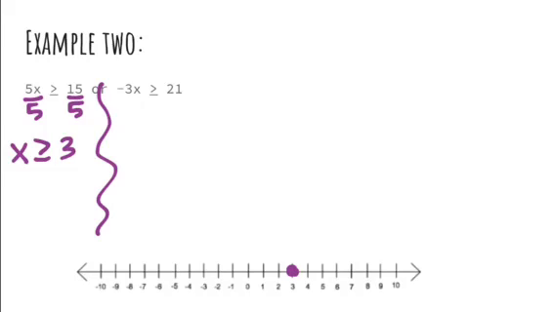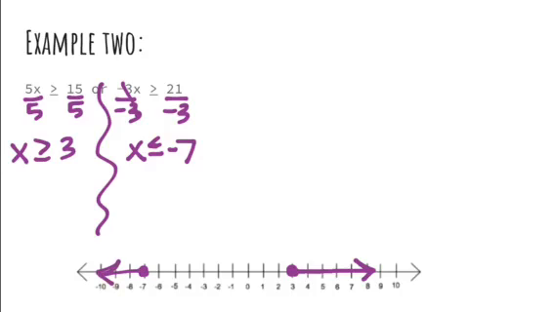Going to give it a solid circle, and if it's greater than, it's in that direction. Here, I've got to divide by negative 3. So I'm left with x and negative 7. Remember, when you divide by a negative, you flip the sign. So I have x is less than or equal to negative 7, which is here.